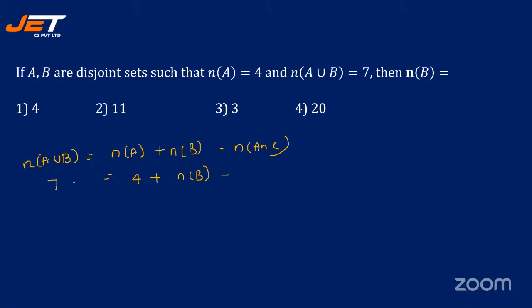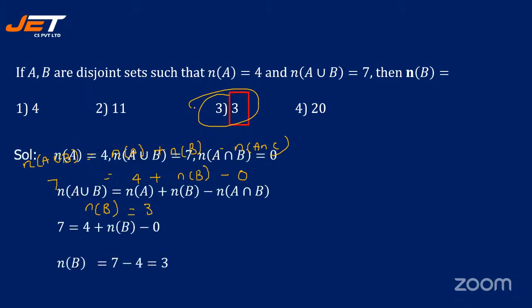So 7 is equal to 4 plus n of B. We don't have the intersection because it is a disjoint set. Therefore n of B is equal to 7 minus 4, which is 3. So your option 3 must be the correct answer.